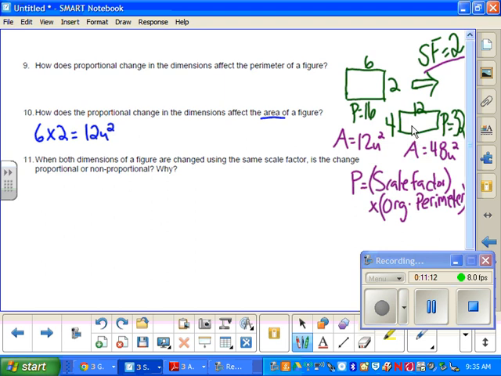When you use the area, you use the scale factor and you square it. And then you multiply that times the original. So we know the scale factor is 2. And when we square 2, that gives you 4.